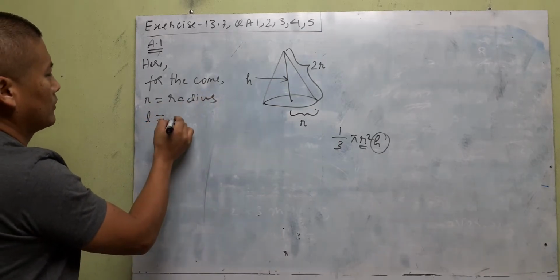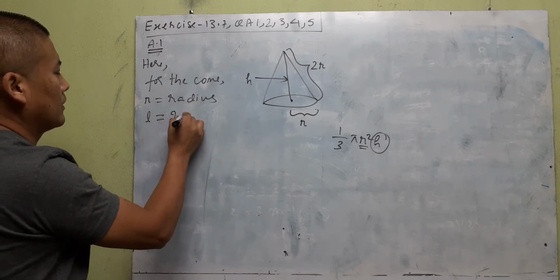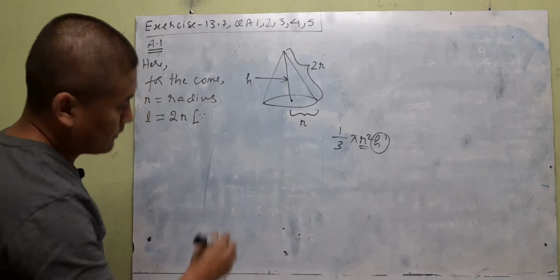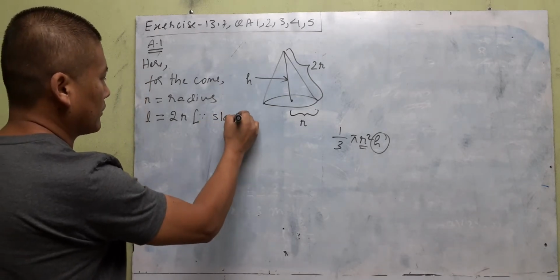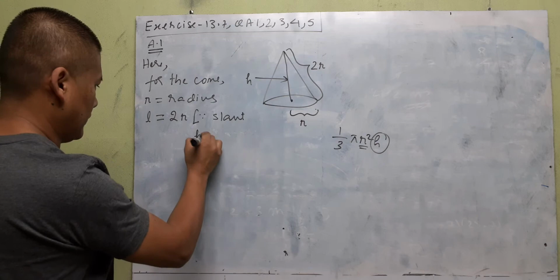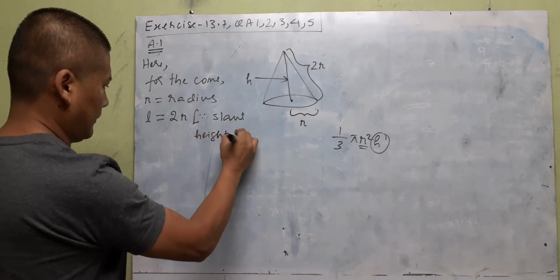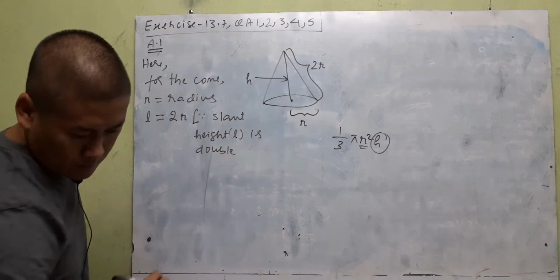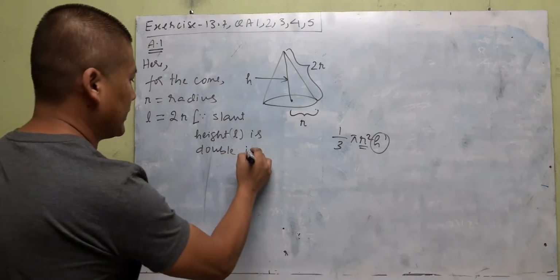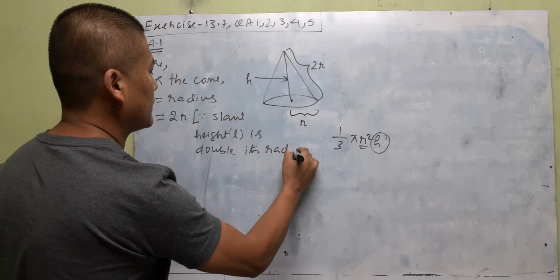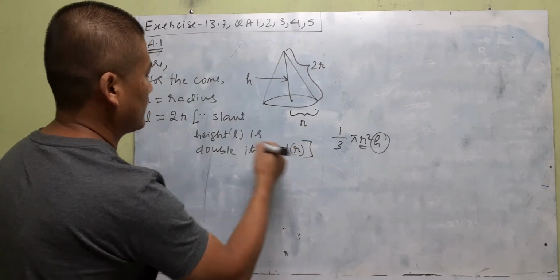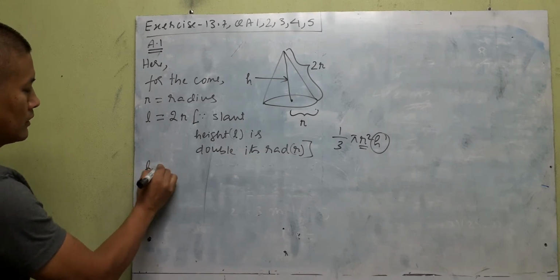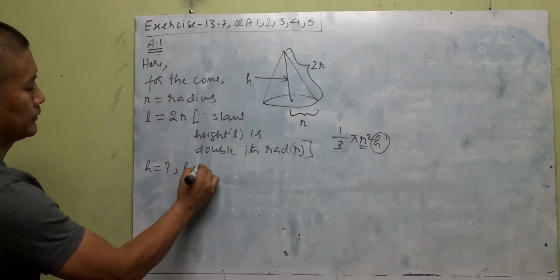L is equal to twice r, since according to the question, slant height L is double its radius, meaning L will be R plus R, 2R. Then h, the height, is unknown yet.